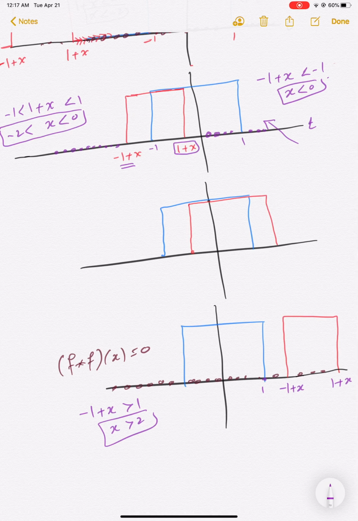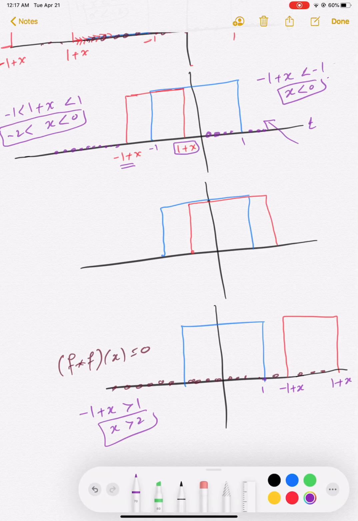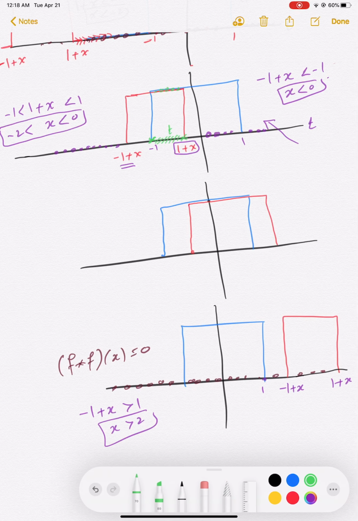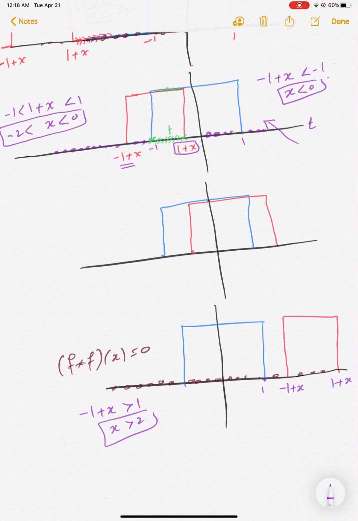The only values that you multiply and don't get 0 are from negative 1, let me change the color again, I'm using the green. This is negative 1, and this is 1 plus x. Between them, if you take any value for t, then the two functions are 1, so when you multiply them, you get 1. But if you take any value outside this green area, like here or there, you get 0.